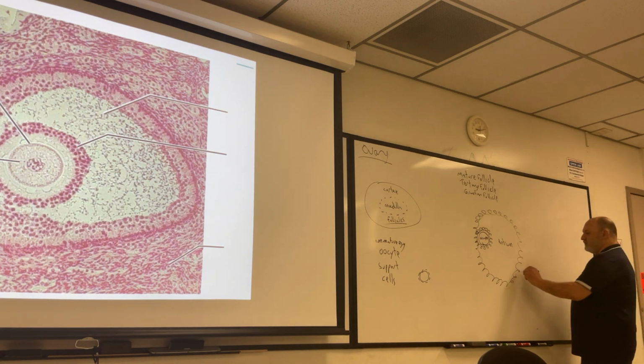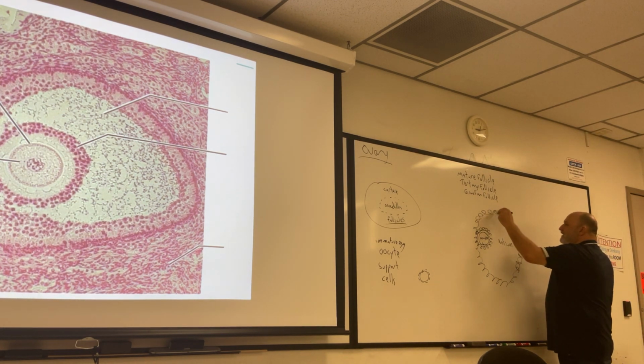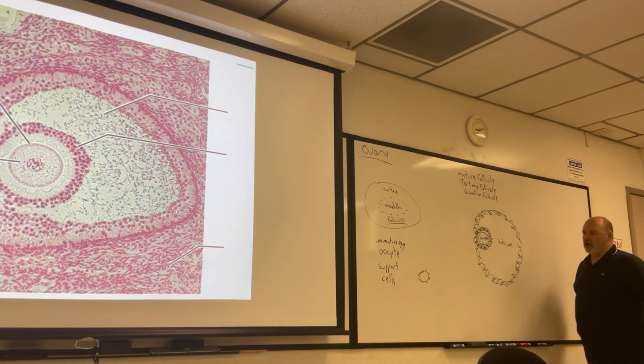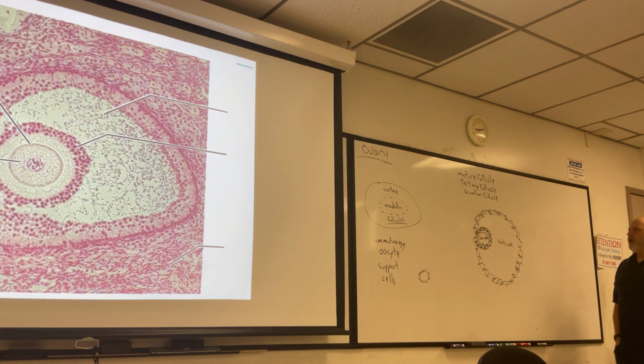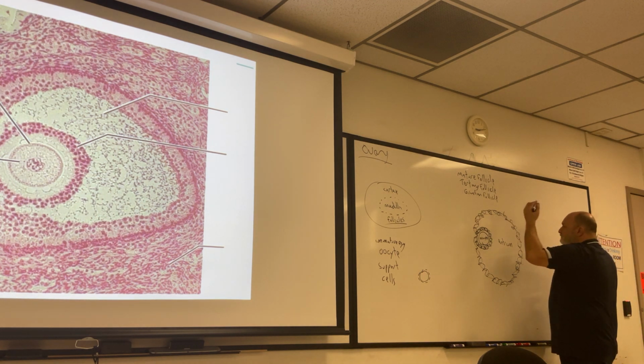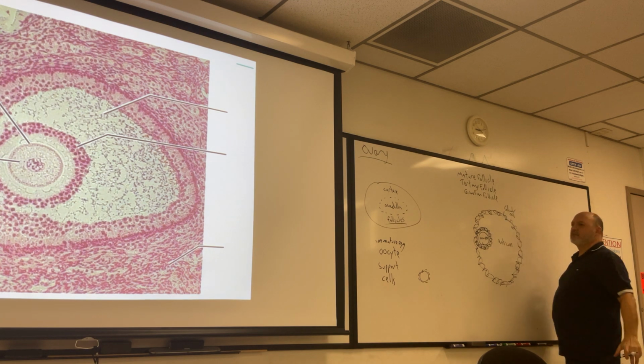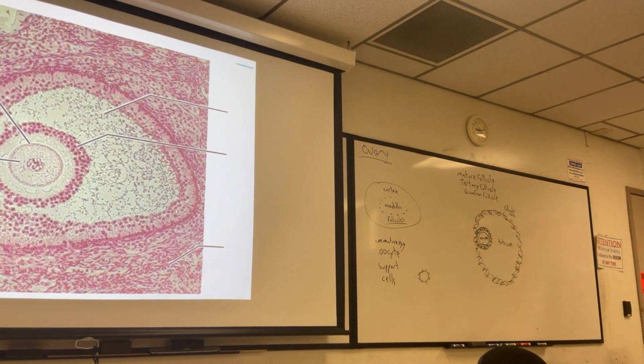All of these cells that I've squiggled here in black, both in the surrounding follicle and the little bit that surrounds our egg, are all what are known as, we'll call them follicular cells. But they're also what are known as granulosa cells.